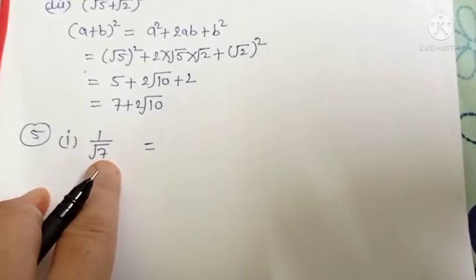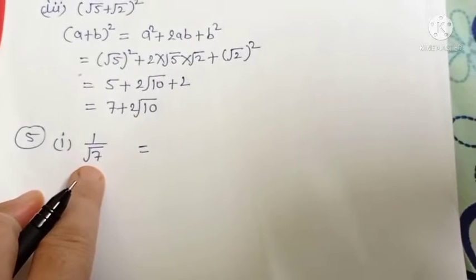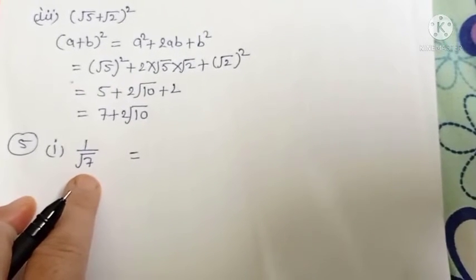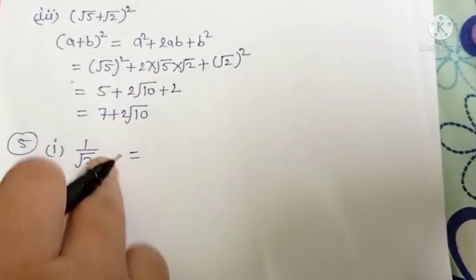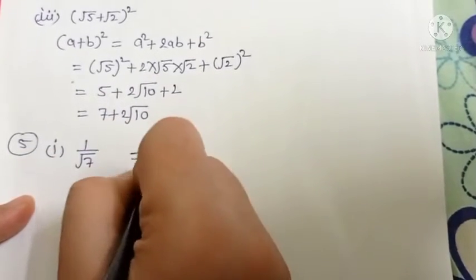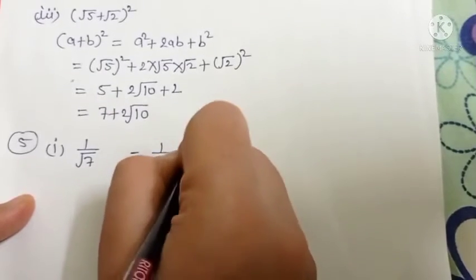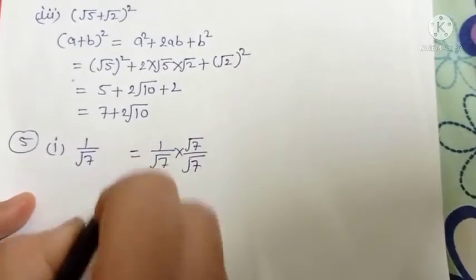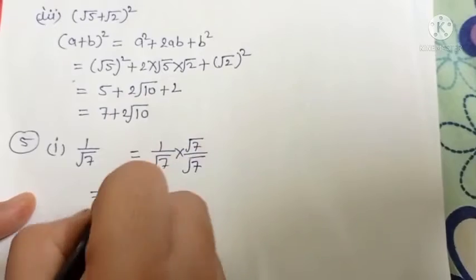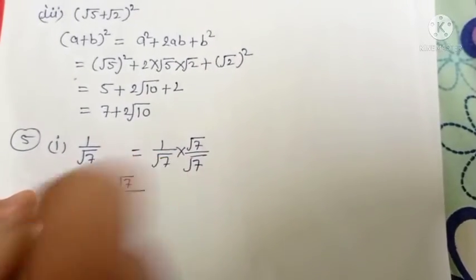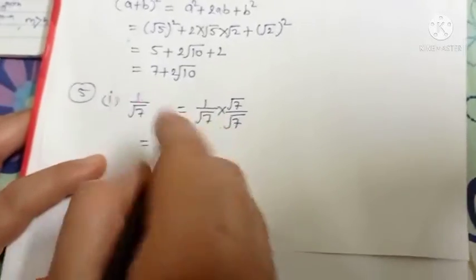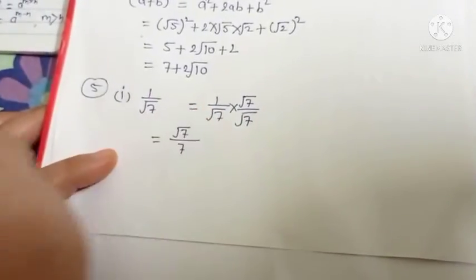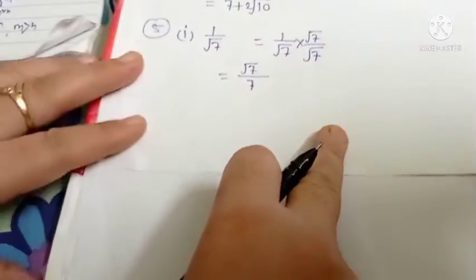Here in the denominator we have under root 7, so we multiply under root 7 above and below. 1 upon under root 7 into under root 7 upon under root 7. Then 1 multiplied by under root 7 becomes under root 7, and under root 7 into under root 7 becomes 7. This is the answer of this question.